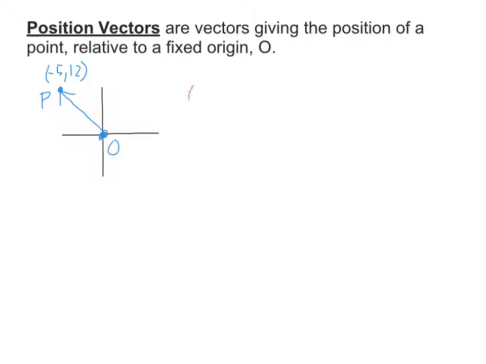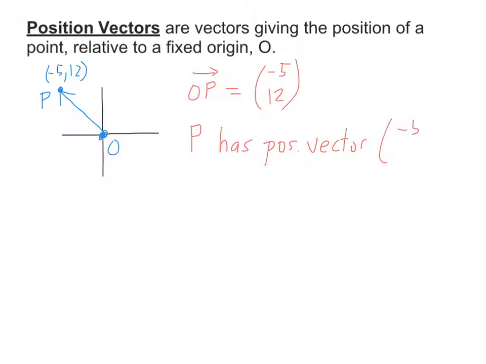Well, there's a couple different ways we can write this. We say that vector OP, remember it starts at O, ends at P, has components -5 for the x and then 12 for the y. We can also say that point P has position vector -5, 12.